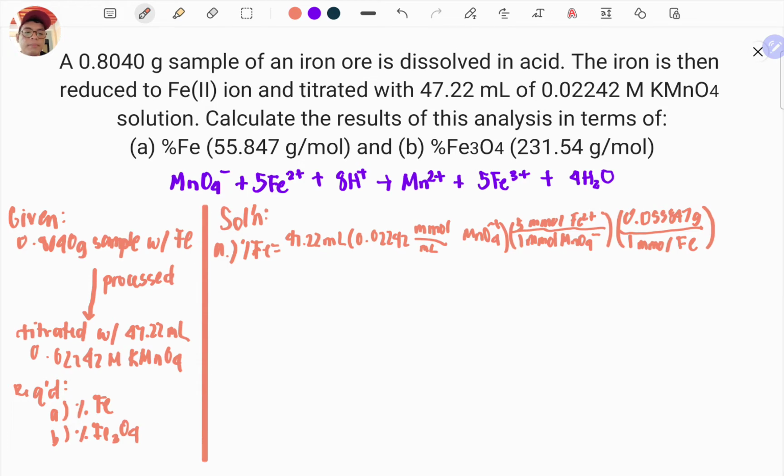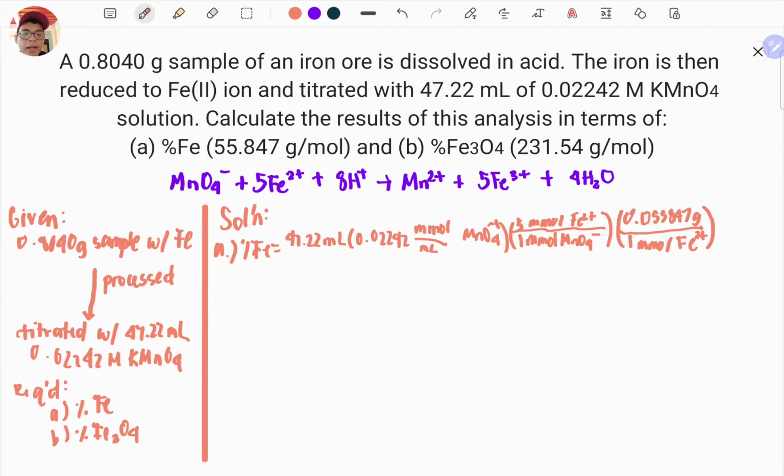Again, I just immediately converted the milligrams into grams. Notice though that although this is not ionic, the molar mass of the ion and the pure element should be similar because it's just a loss of electrons. So for consistency, I'll just write this as iron 2+. It is understood, however, that that is the molar mass.